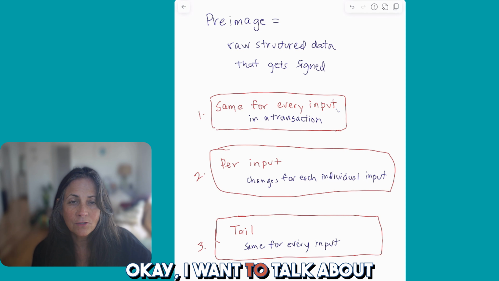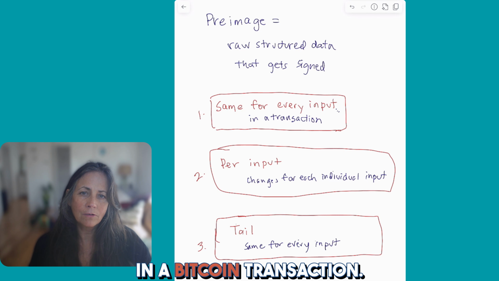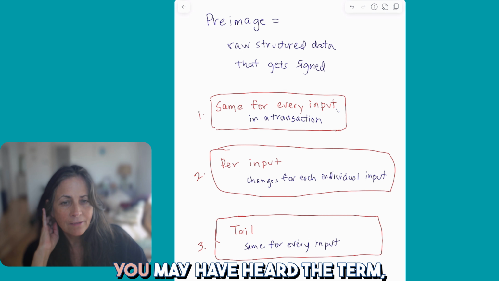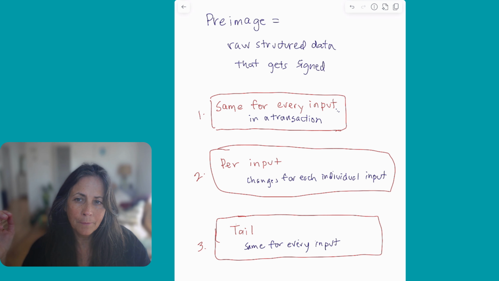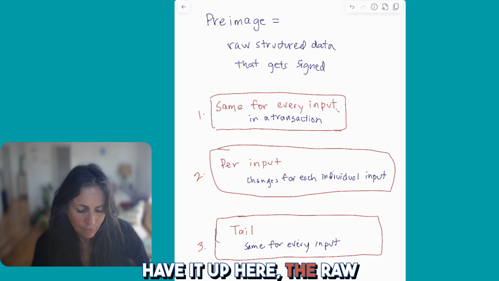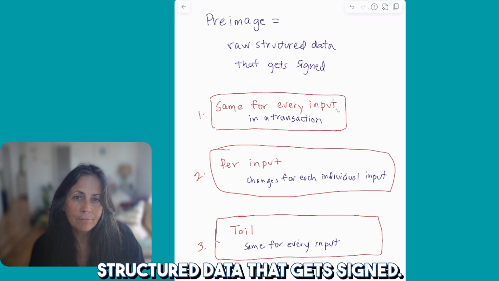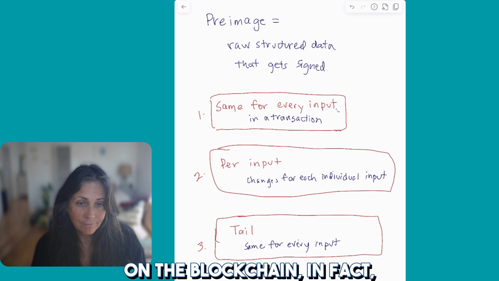Okay, I want to talk about the pre-image in a Bitcoin transaction. You may have heard the term, and it's basically, well, I have it up here, the raw structured data that gets signed. So the pre-image never goes on the blockchain.